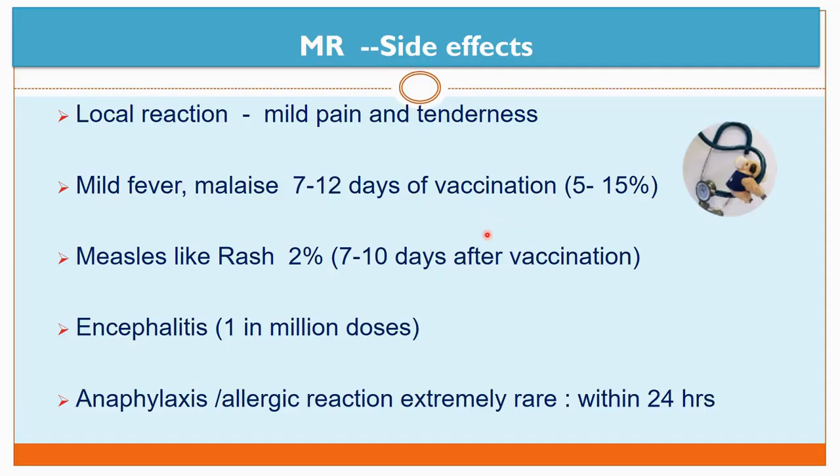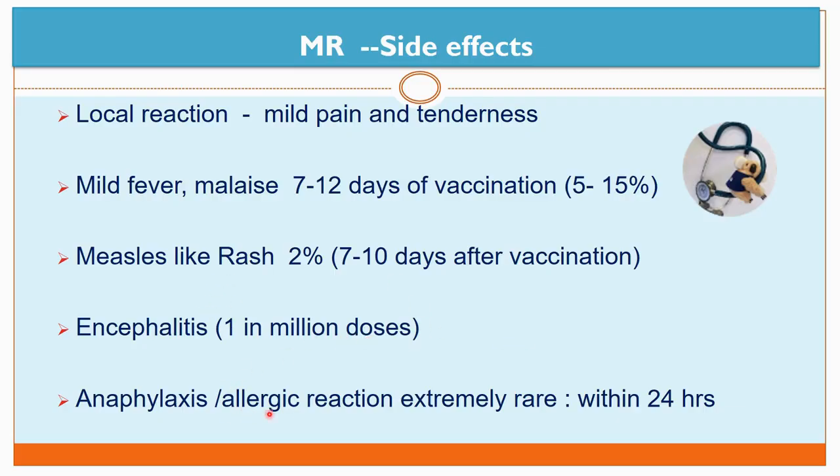The side effects: there are some local reactions like mild pain and tenderness. Patient may have mild fever, malaise, 7 to 12 days after vaccination, that occurs in 5 to 15% of the cases, and 2% of children may develop measles-like rash, 7 to 10 days after the vaccination, and 1 in a million doses may get encephalitis-like symptoms.